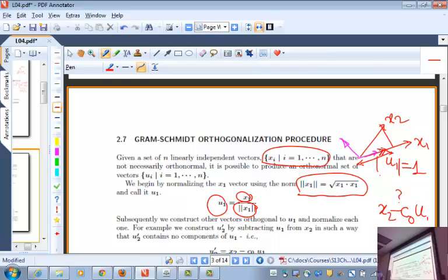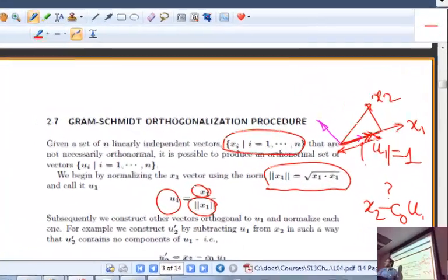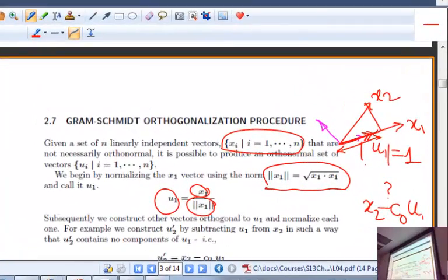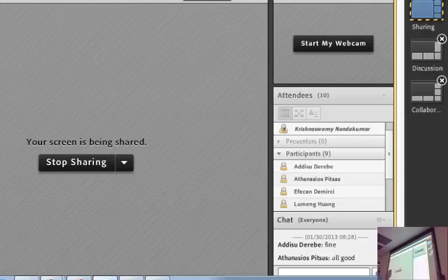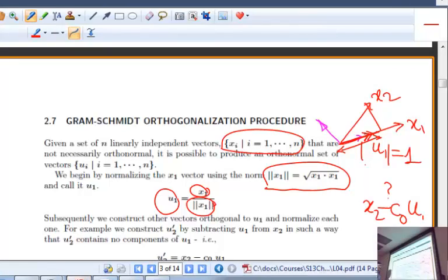So c0 times u1 will be this projection all the way. Any other questions? Are you guys following? I take it silence means good. Thank you. So that is the idea I need to implement.